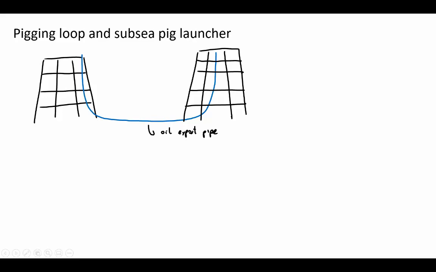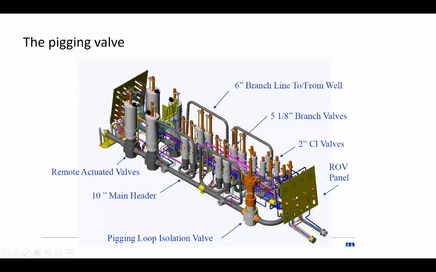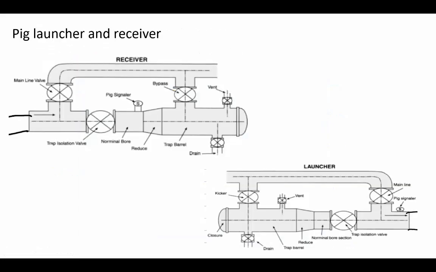Which is not a big problem. We are going to see a bit later how the launcher looks. It's a bit like that. So you insert the pig here, and initially the fluid is simply bypassing. You have the main line. Maybe we should make a small drawing.